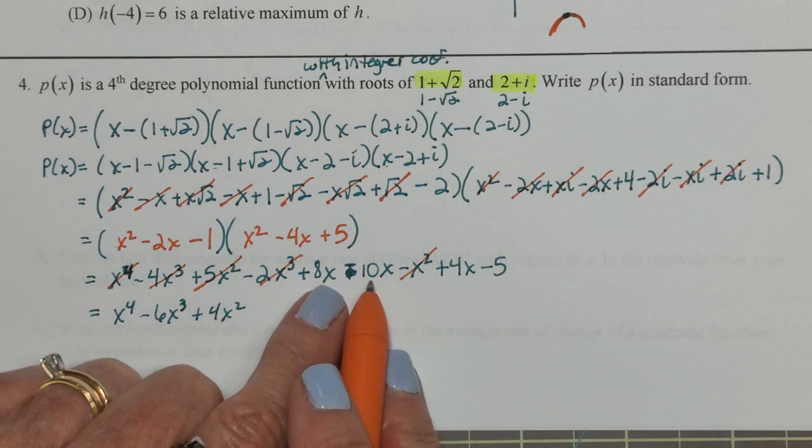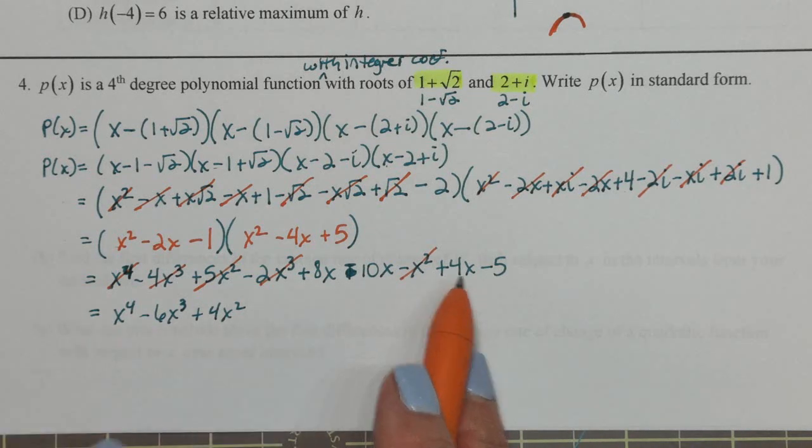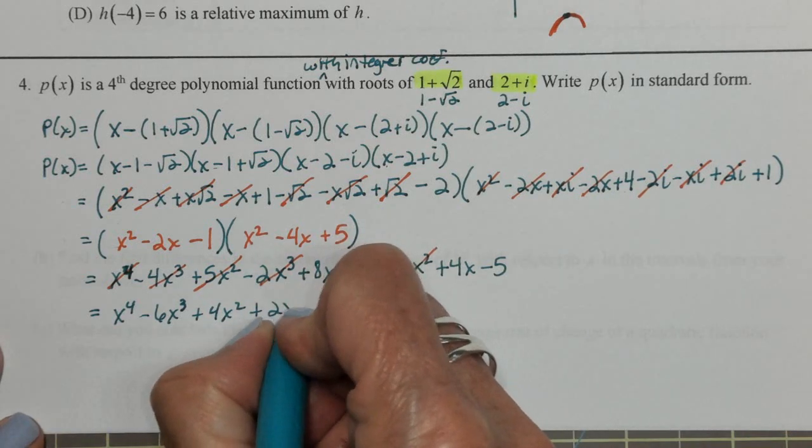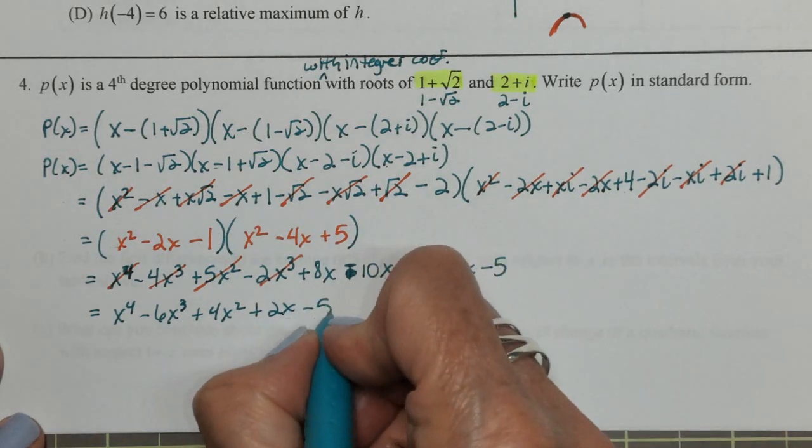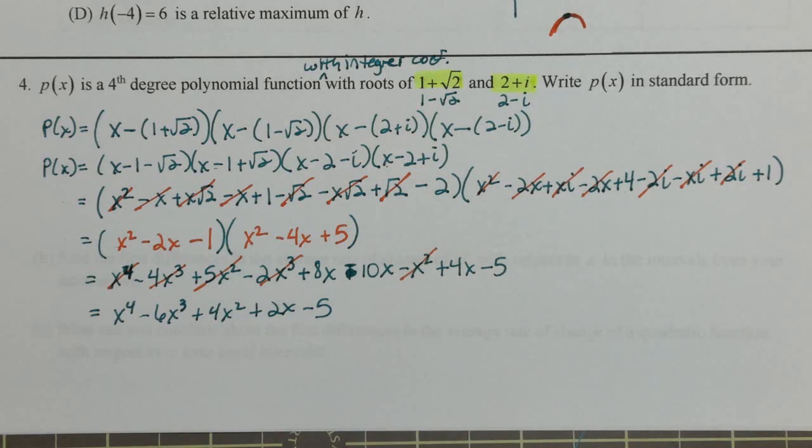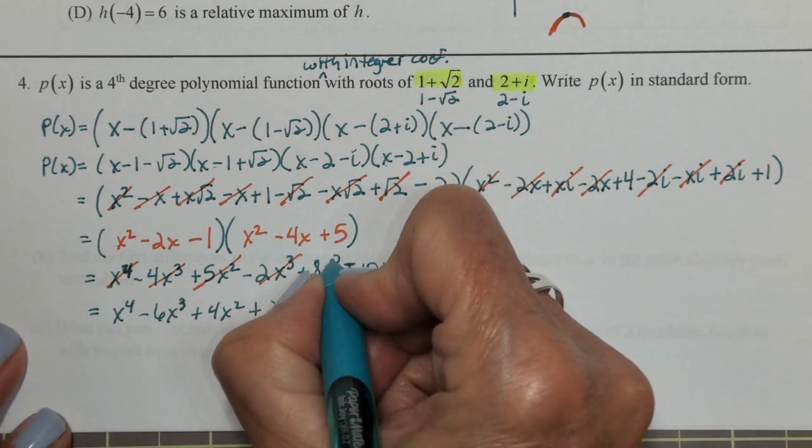I've got negative 2x plus 4x will be plus 2x, and then minus 5. Lots and lots of places to make mistakes, and I'm taking a look because something about that did not sound right. I don't know why I had 3 regular x terms. It was right here. I think that 8x should have been an x squared, right? Yes, that should have been an x squared.